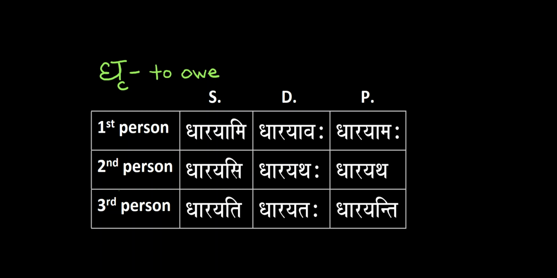That means you owe, the two of you owe, you all owe. Third person singular, dual, and plural, we have dharayati, dharayataha, dharayanti. That means respectively he, she, or it owes, the two of them owe, and they all owe.